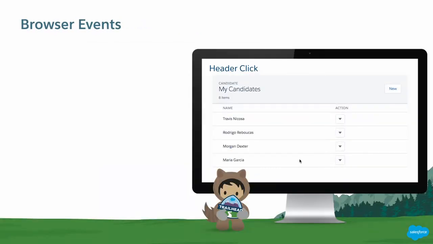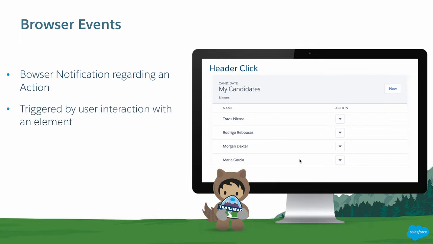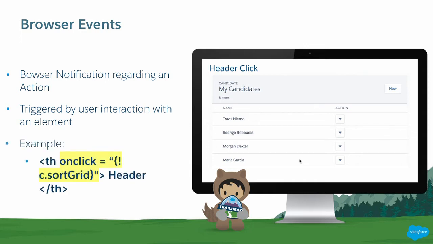All right, now let's go back to our deck, because I want to talk about the first of those 5 types of events of the Lightning Framework, which are the browser events. Browser events are basically a notification regarding an action, triggered by user interaction with an element on your component. This is not particular to the Lightning Framework; every web technology stack has and uses browser events. Here's an example: this is an HTML table header, and here we added a browser event handler on click.